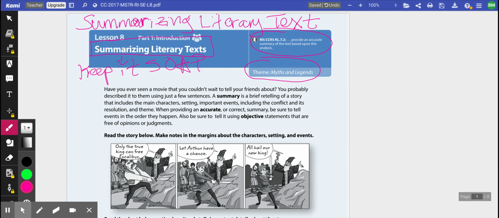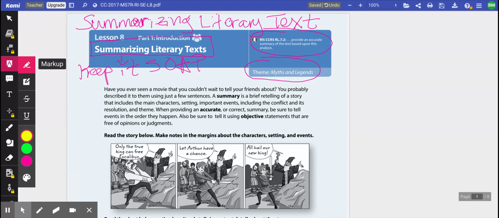I'm going to go on down to explain a couple of things about that in just a second. Our text here says, have you ever seen a movie that you couldn't wait to tell your friends about? You probably described it to them using a few simple sentences. So a summary is a brief retelling of a story that includes the main characters, setting, important events, the conflict, the resolution, and a theme.